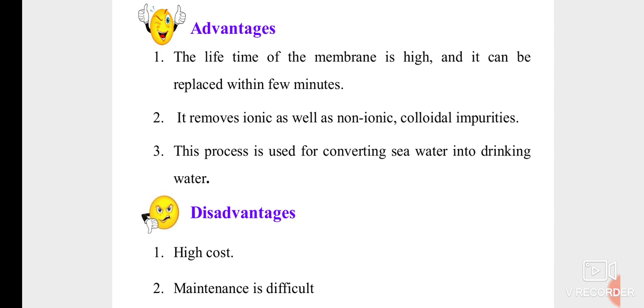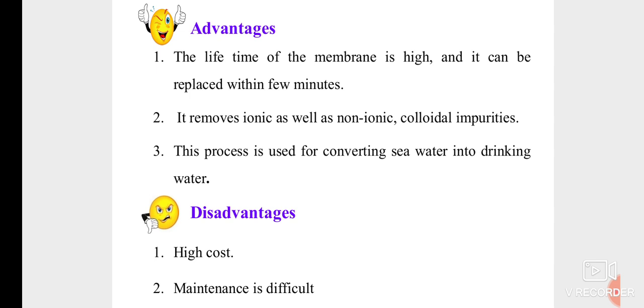Lower concentration means fresh water, and higher concentration means sea water. Normally, river water is mingled with sea water. The river water is the lower concentration, and the sea water is the higher concentration. This process is called osmosis.